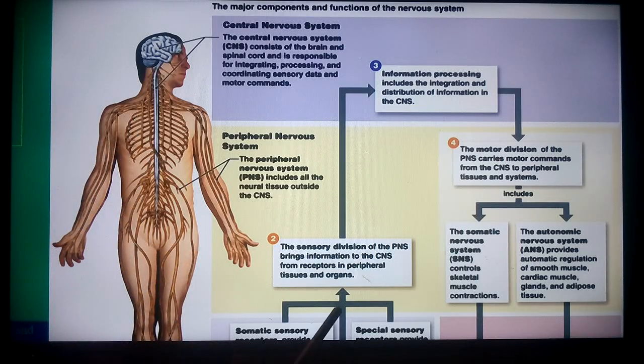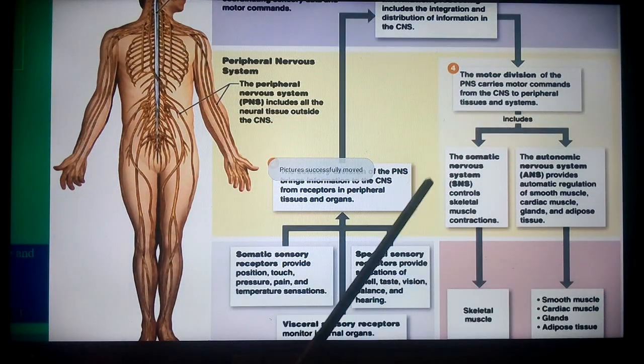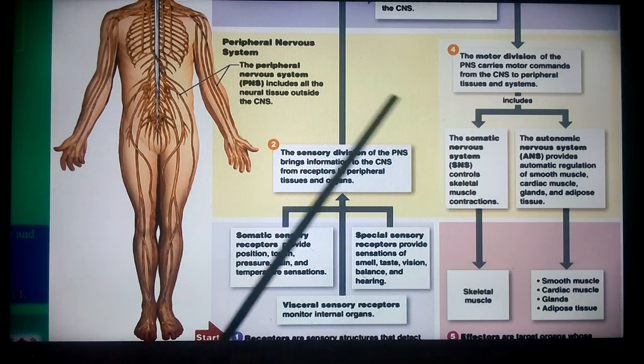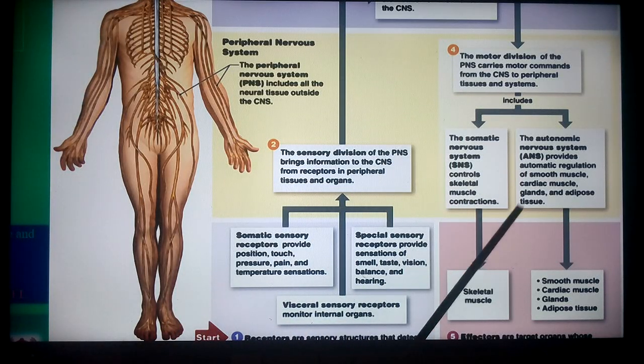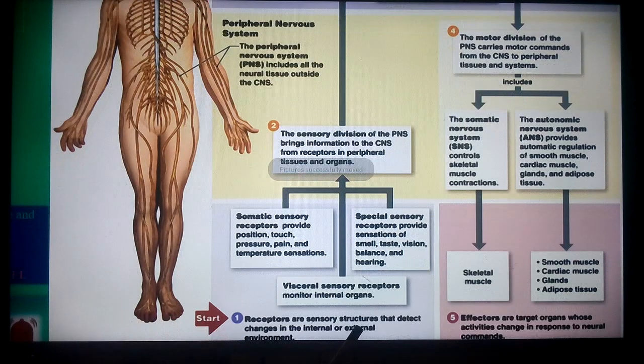Now, as we said about the somatic and sensory, in this case we have the somatic nervous system, which controls muscles during contraction and relaxation. Under this division of motor commands, we also have the autonomic nervous system, which automatically regulates muscles, cardiac glands, and adipose tissues in that order.